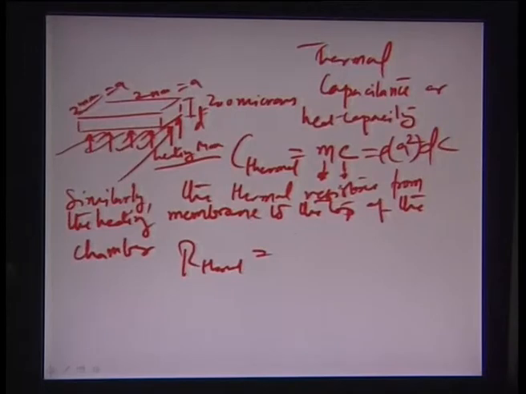In this case it would be X by KA, where X essentially is D here.